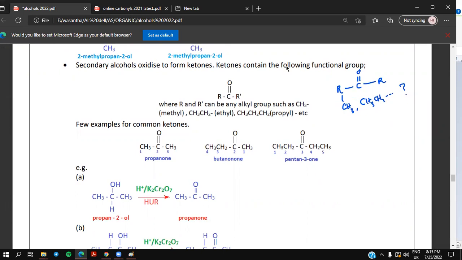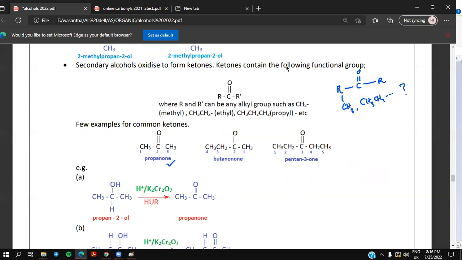And these two groups are taken with the middle carbon atom for the single chain, which is needed for chemical naming of the compound. Because it has 3 carbon atoms and a double bond oxygen, it is a propanone. Propanone means a 3 carbon containing ketone.